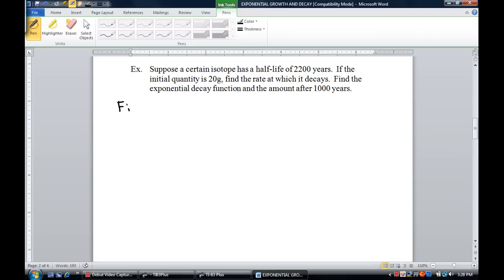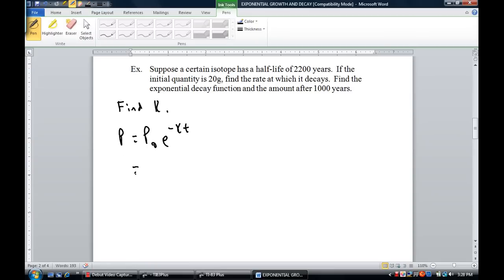So the first question is we need to find k, which is the exponential decay rate. And to do that, we're going to use this information. Half-life is 2200 years. The initial quantity is 20 grams. So this is a decay. So it means we're going to use P equals P sub 0 e to the kt. Or is it? Nope. It's a decay, so we'll use the negative.